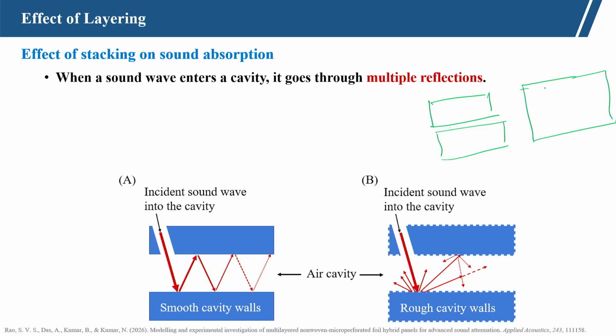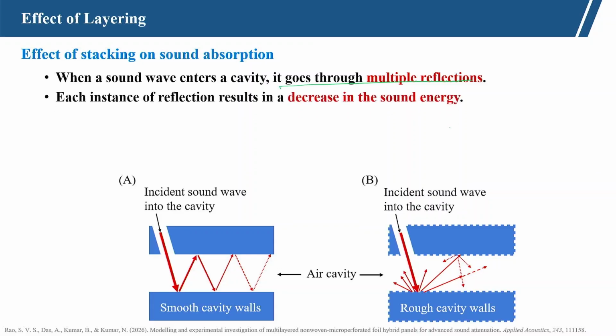Keeping the same thickness or the same GSM, areal density, with one layer versus two layers, a cavity is created, within which multiple reflections will occur.